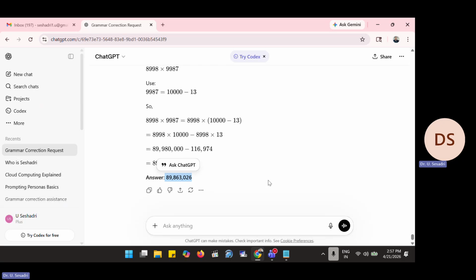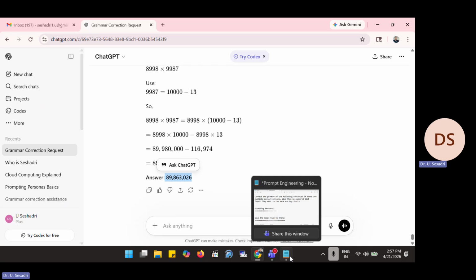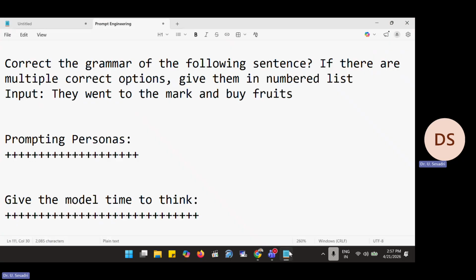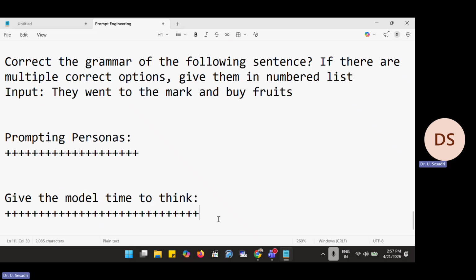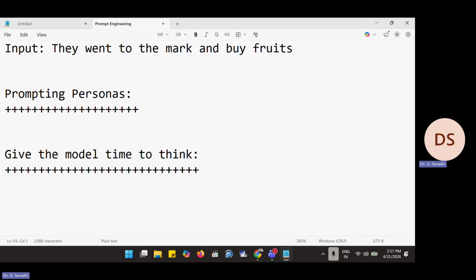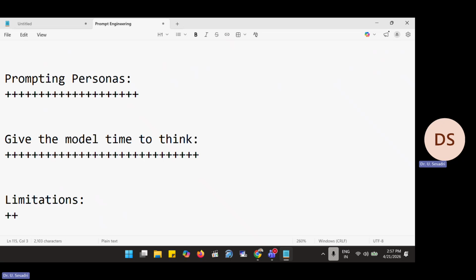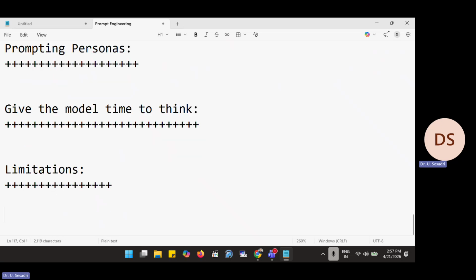Now, I'll tell you what are the limitations of prompt engineering. One of the limitations is dependence on wording.